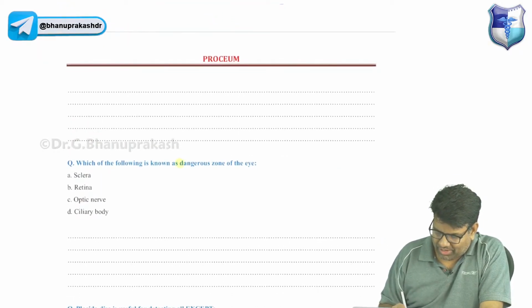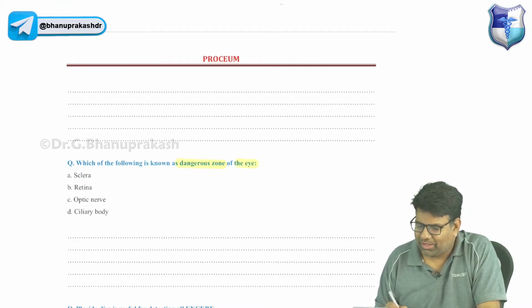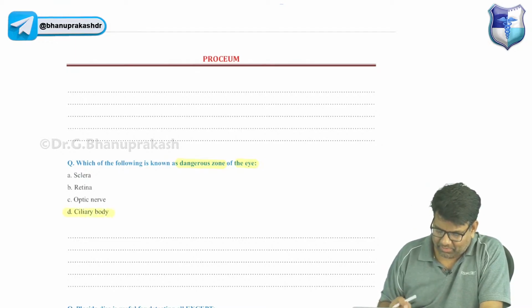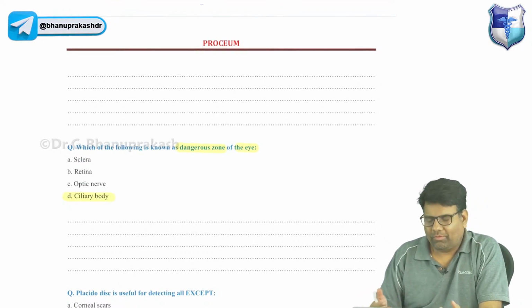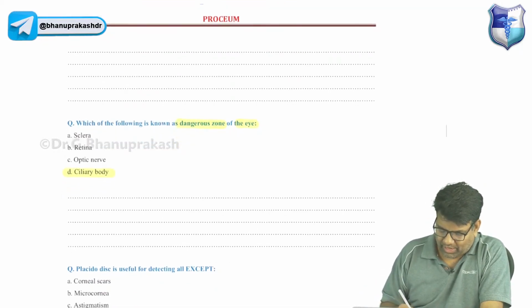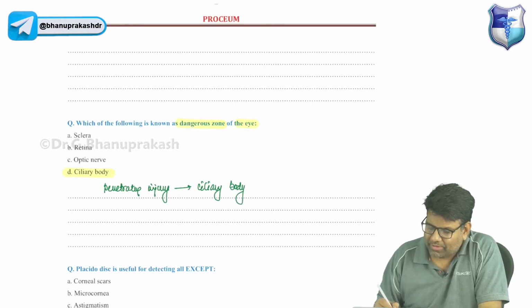Now, which area is known as the dangerous zone of the eye? Yes, absolutely right, Raghu. This is ciliary body, and I think most of you must be knowing why we call ciliary body as the dangerous zone of the eye, because if there is any penetrating injury in the region of ciliary body, which condition will result?